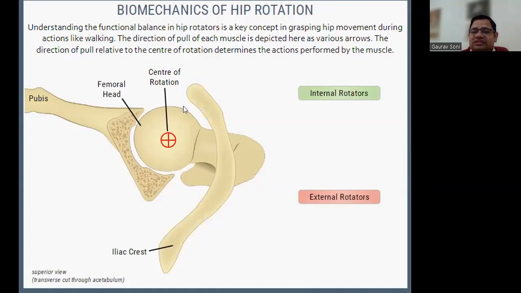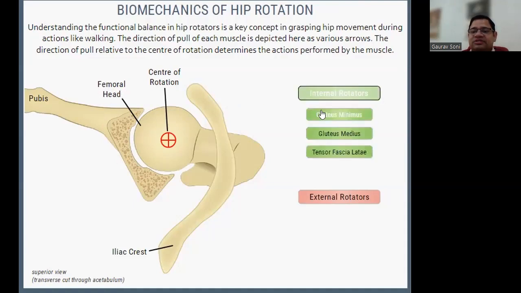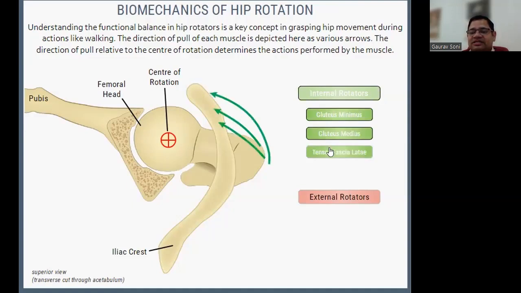This is the center of rotation, the femoral head, and this is the acetabular part. Internal rotators: gluteus minimus, gluteus medius and tensor fasciae lata pull towards this side, and then internal rotation happens.